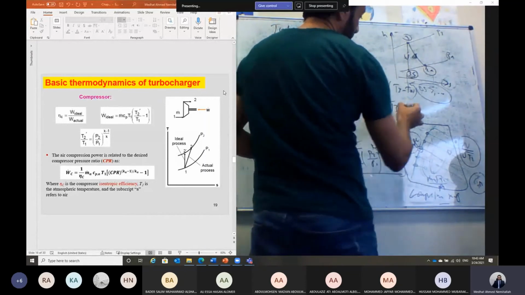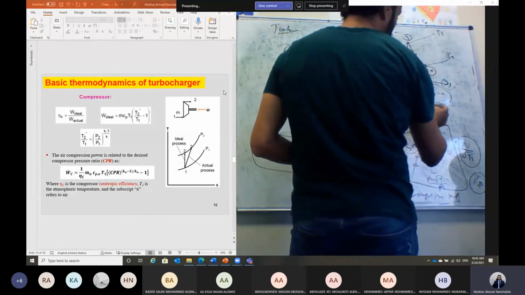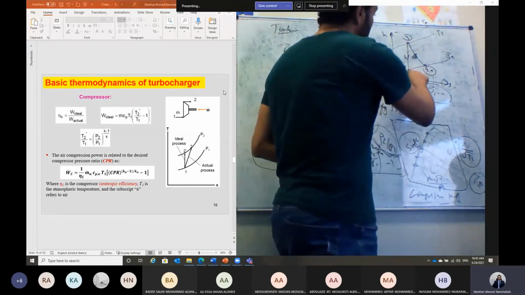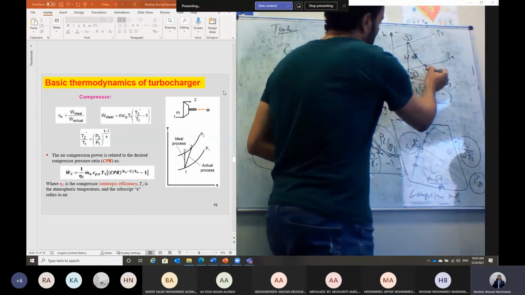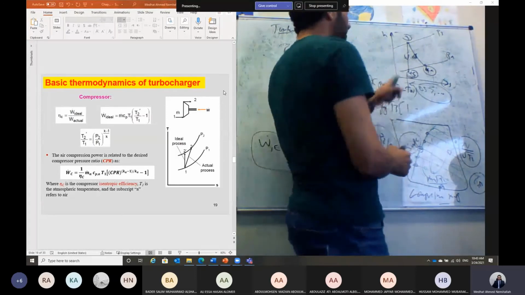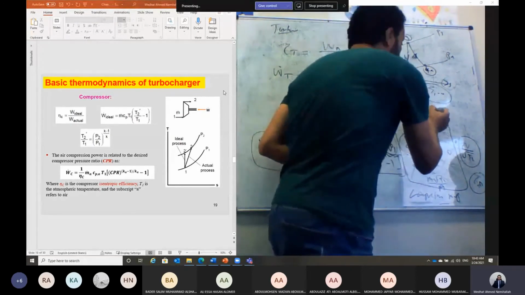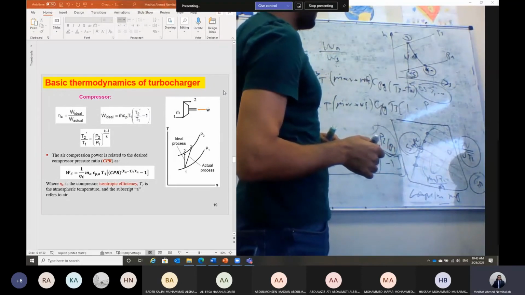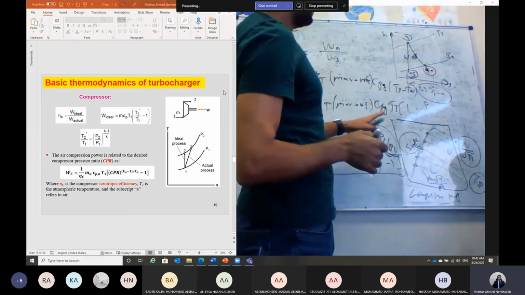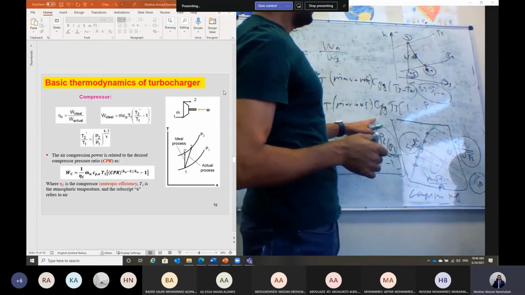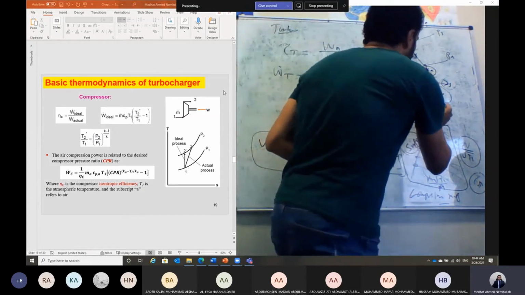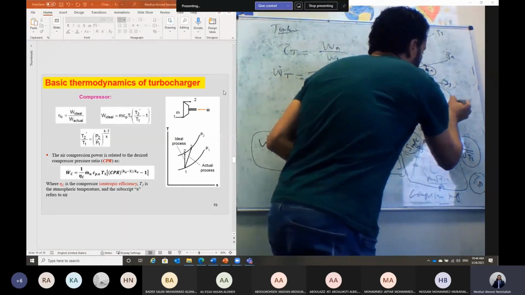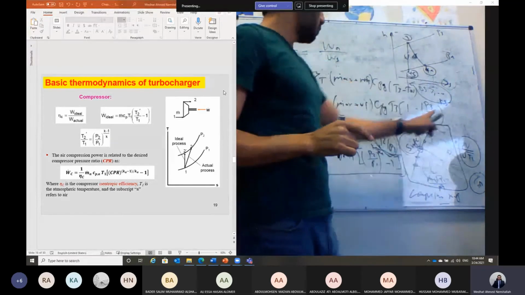Let's take the temperature T3 as common. It will be 1 minus T4S over T3. T4S over T3, which is an isentropic process, will be P4 over P3, so this will actually be P3 over P4 to the power (k gas minus 1) divided by k gas, where k is a specific heat ratio but not for air.